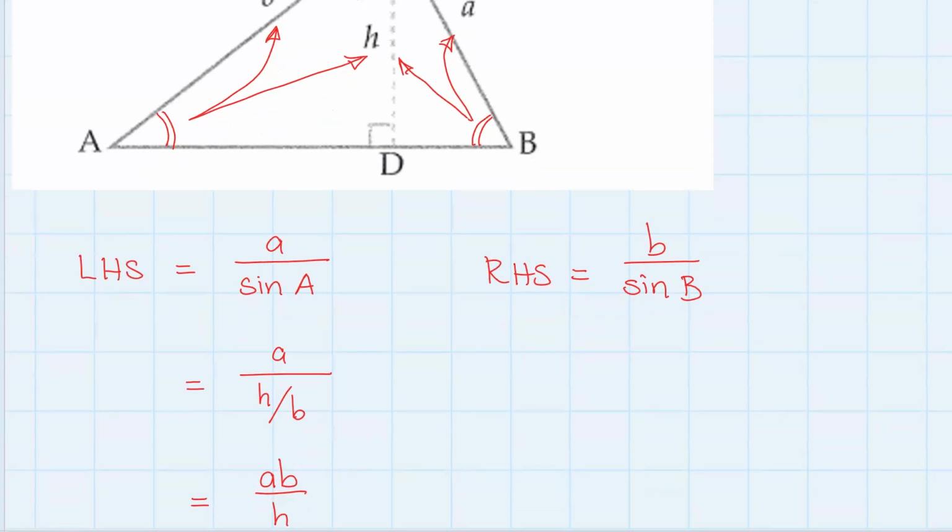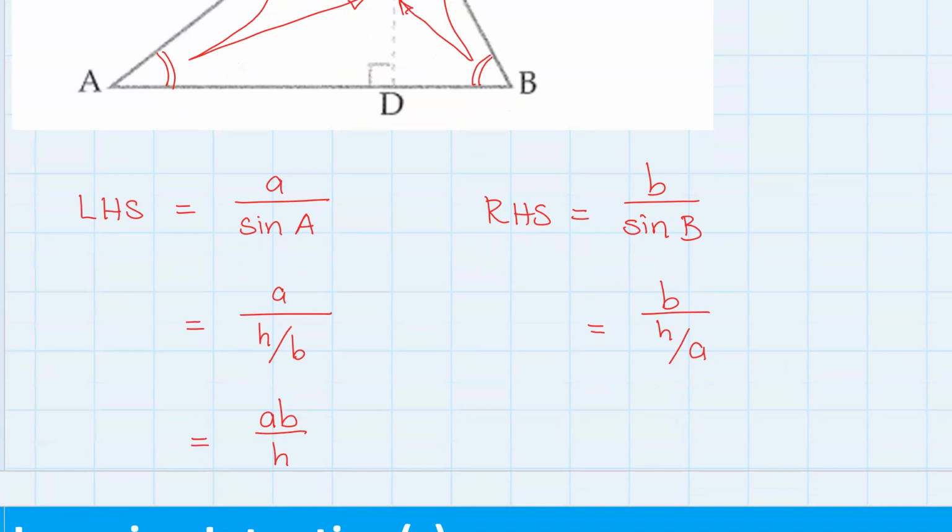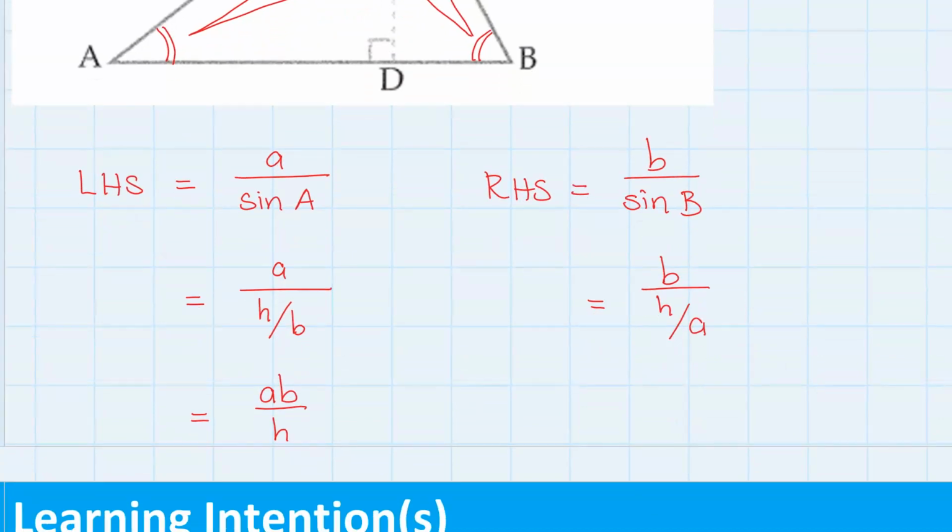So let's just do that. We're going to say that the right-hand side is b. We haven't done anything with the b. Sine of B is h, the opposite side of the angle B, divided by the hypotenuse of that right angle triangle, which is a. And just like we did for the left-hand side, we will tidy that up. We'll bring the a up to the numerator.